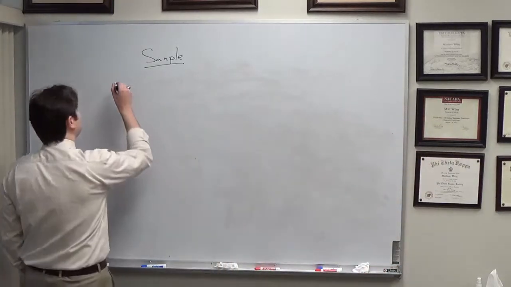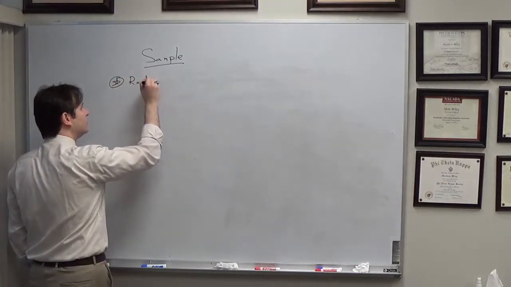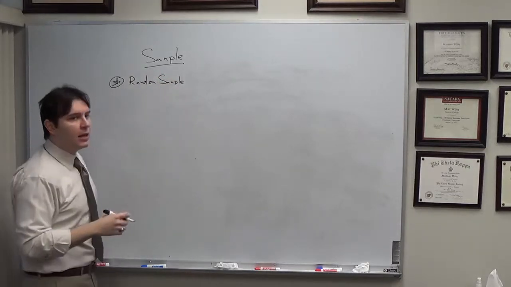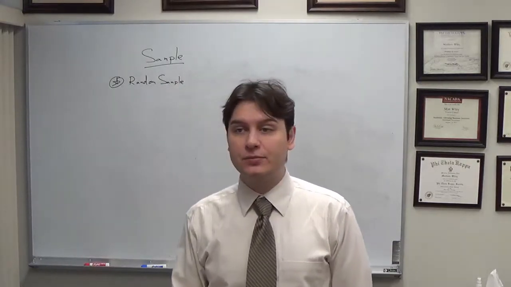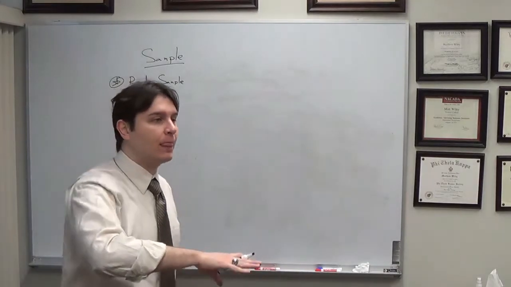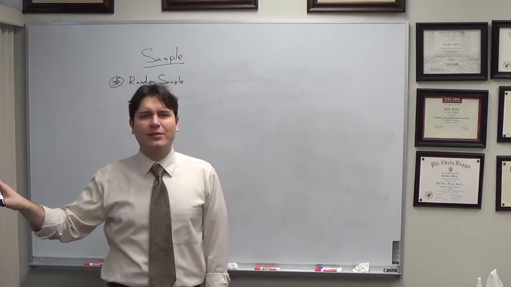The best thing, the gold standard, is called a random sample. This is what happens when the government does the U.S. Census. They look at every house in the entire country. They send out a letter to some of those houses. They pick them at random.